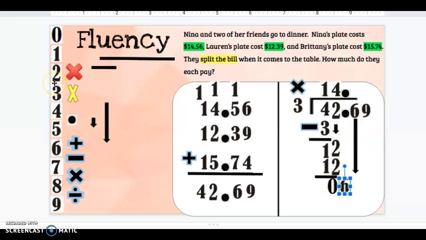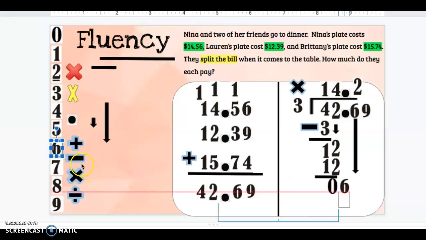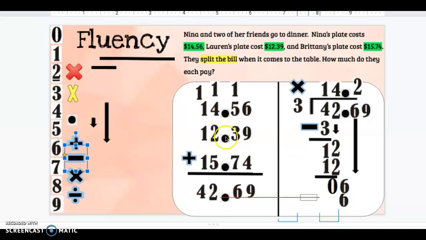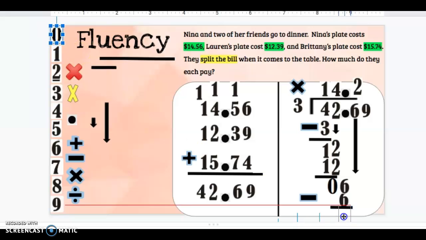So 3 times 2. So that'd be a 6. You would subtract. 6 minus 6 is 0. And then you're going to bring down the 9.